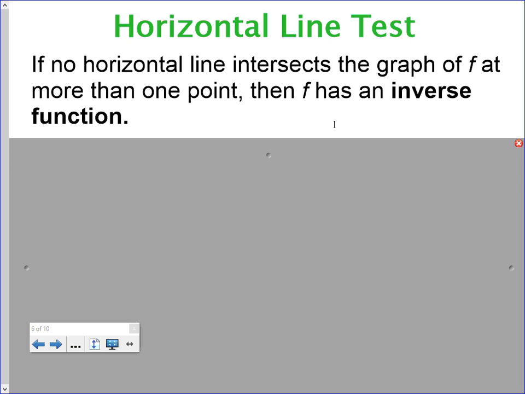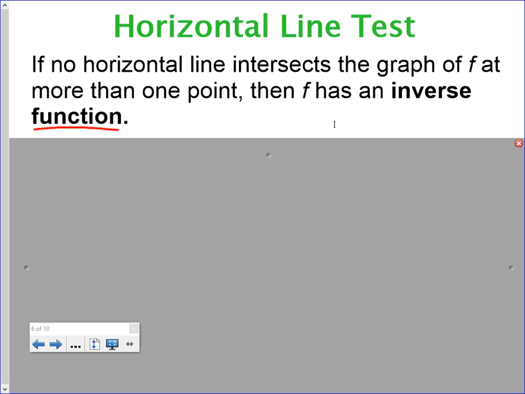Key word in that test is function. If it doesn't pass the horizontal line test, f still has an inverse, but the inverse isn't another function. So the inverse itself wouldn't pass a vertical line test, where every x was equal to only one y.